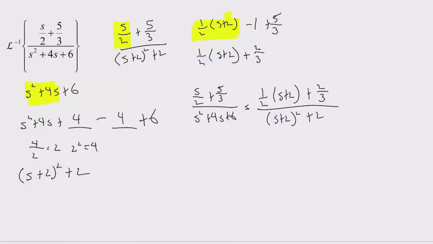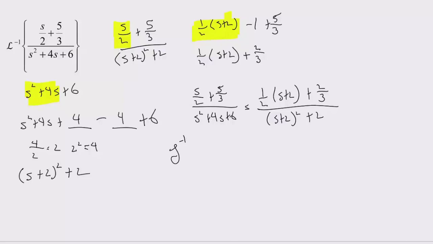And this whole conversation was all about that s plus 2 piece. Is there some way that I could manipulate these things to get in that format? Because now that I have it in that format, I can set it up for my inverse Laplace. So let me do that.